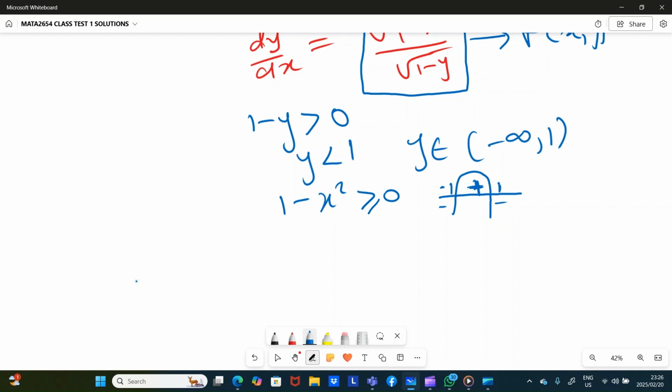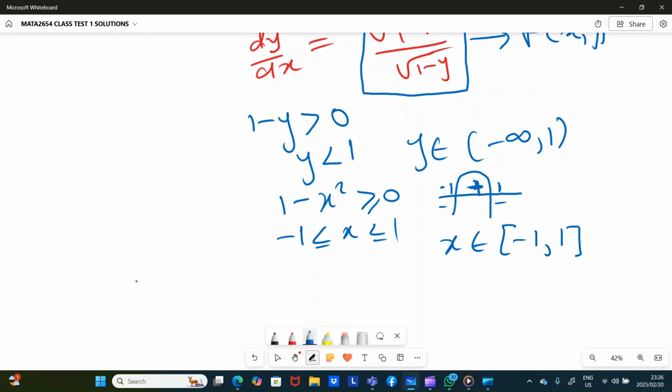Greater than 0 means positive, so x is positive between minus 1 and 1, and they are included, just like that. Or you can say x is an element of minus 1 to 1 with square brackets. Otherwise, if you put round brackets, it's going to be wrong, because then you are saying you cannot account for 1, and mathematically that is wrong.